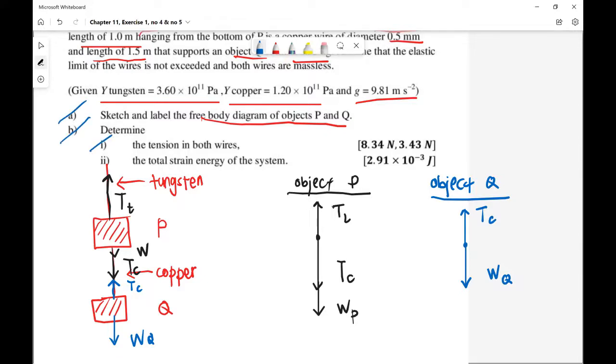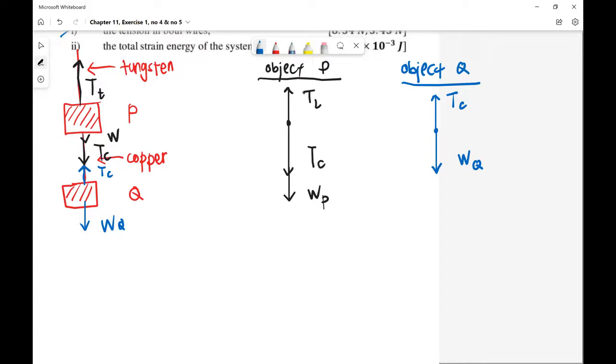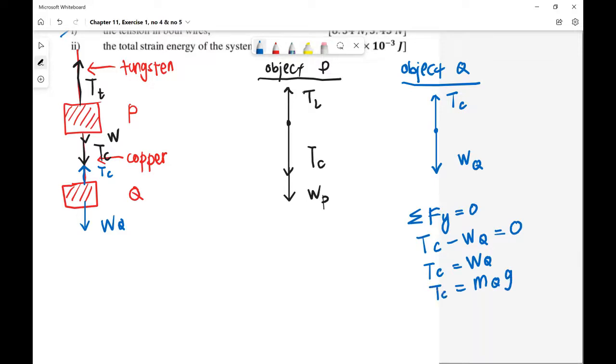Okay. Tension in both wire based on chapter 4. Okay. So, kita boleh apply untuk objek Q. Net force Y equals 0. Because objek Q is in equilibrium. So, tension copper minus or plus negative weight Q equals 0. So, tension copper wire equals weight Q. Okay, where weight Q is mass Q, okay, times acceleration due to gravity.